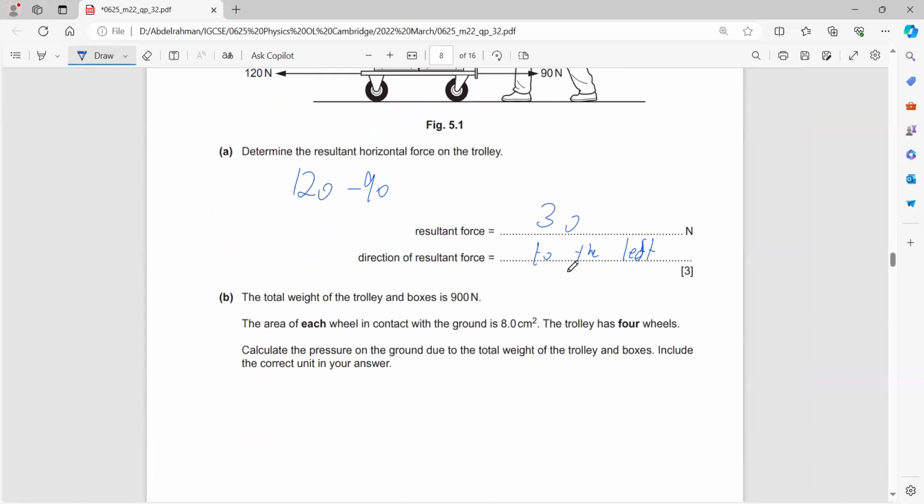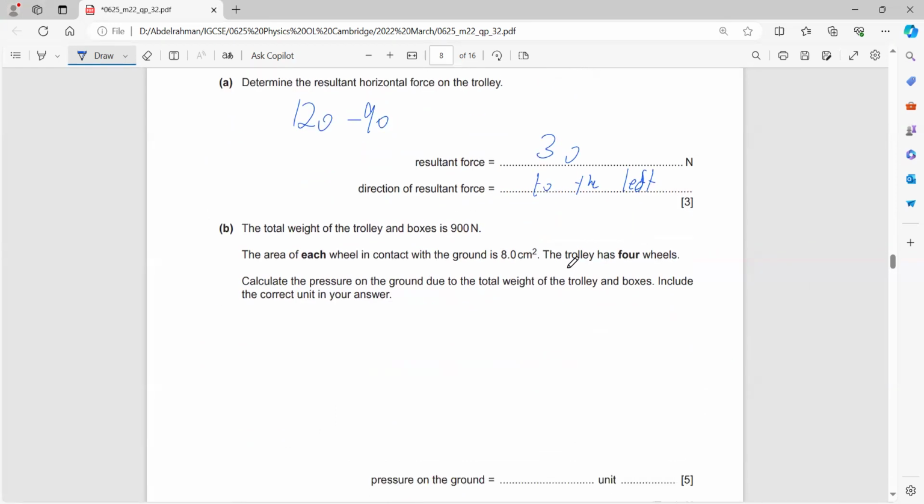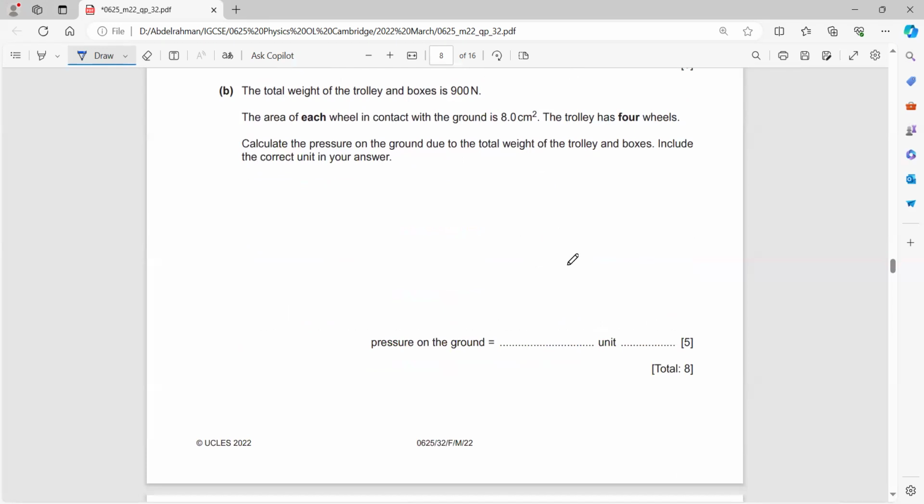The total weight in the boxes is 900 newtons. The area of each wheel is 8 centimeters squared. The trolley has 4 wheels. Calculate the pressure and include the unit. Pressure equals force over area. To get the area we will do 8 times 4, so the total area is 32 centimeters squared.